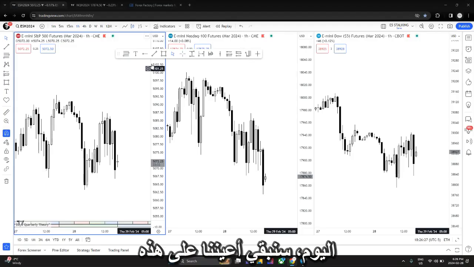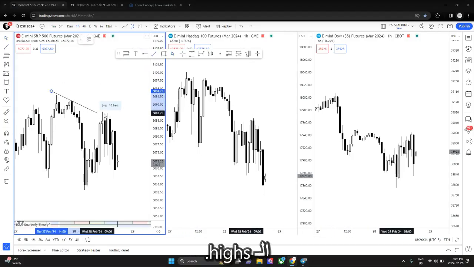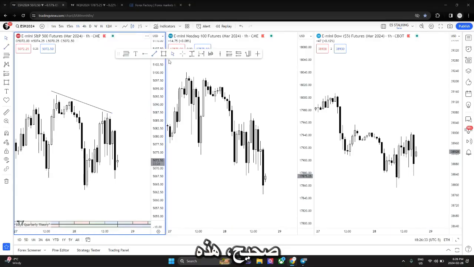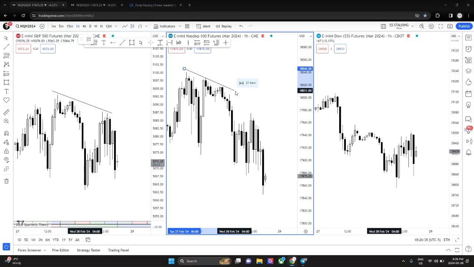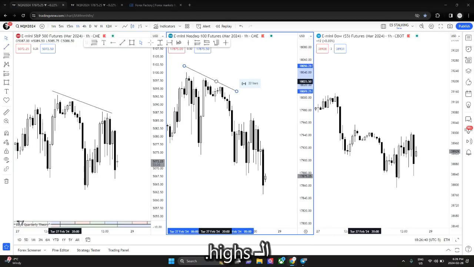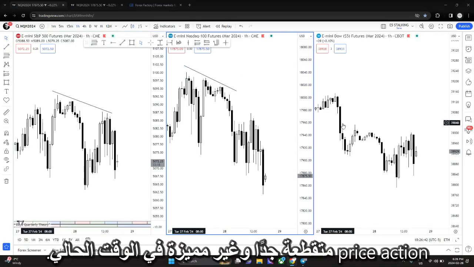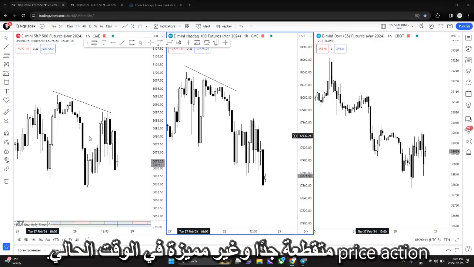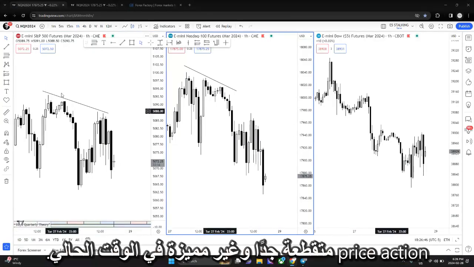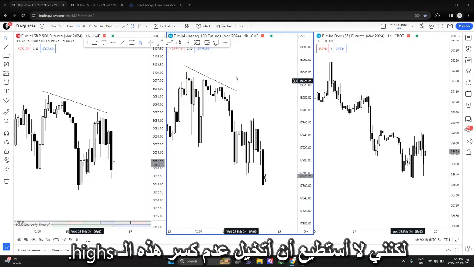We'll be keeping our eyes on these highs, right? These highs. Very choppy, undistinguished price action at the moment. But I just can't imagine not seeing these highs being taken out.